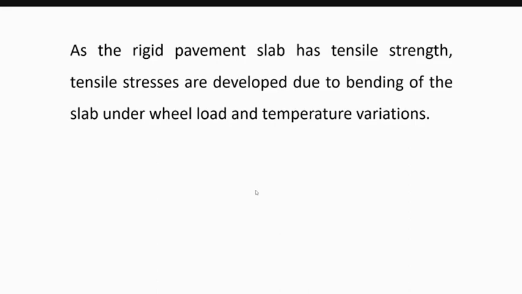So tensile strength with respect to rigid pavement, the stresses are developed with respect to temperature variations, and to counter temperature variations, a lot of the design part will be taking care.